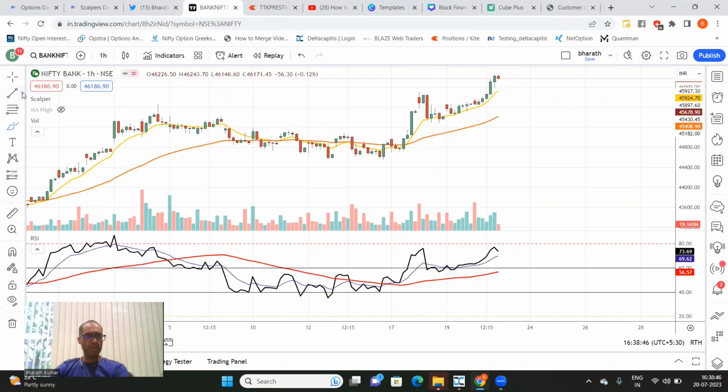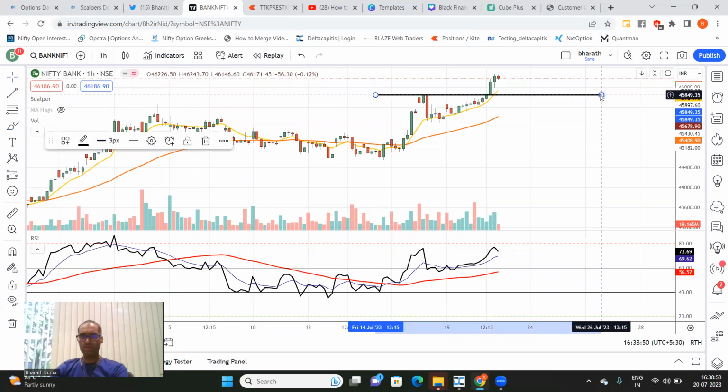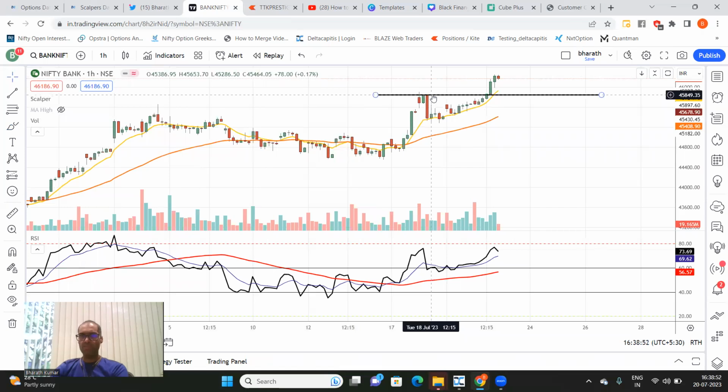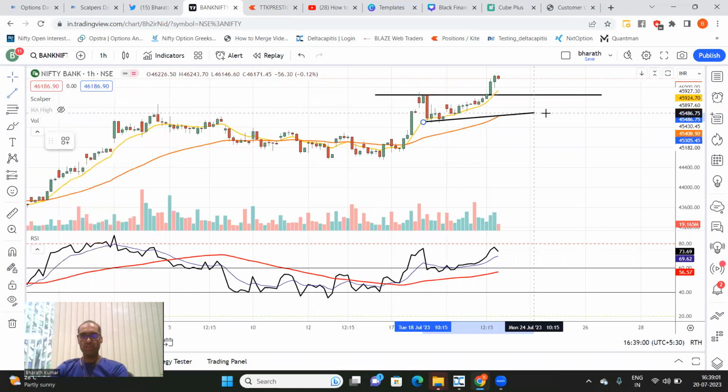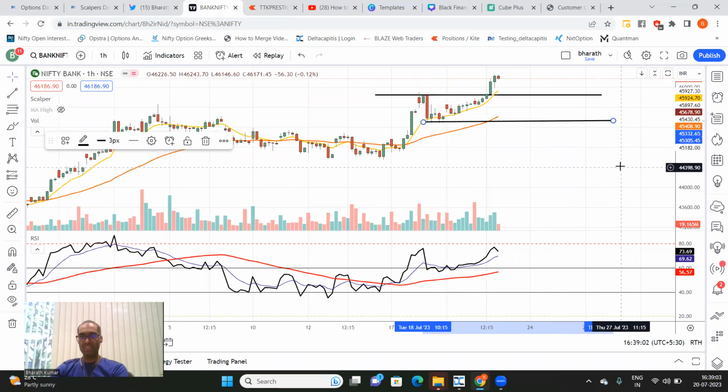So where is my next dip going to stop? It is around 45,850 level. So any dips to 45,850 will be a buying opportunity. Fantastic support is here, which is 45,300. I don't think we're going to test 45,300 anytime soon, but we might definitely test because RSI is at quite elevated levels of 77, 78.